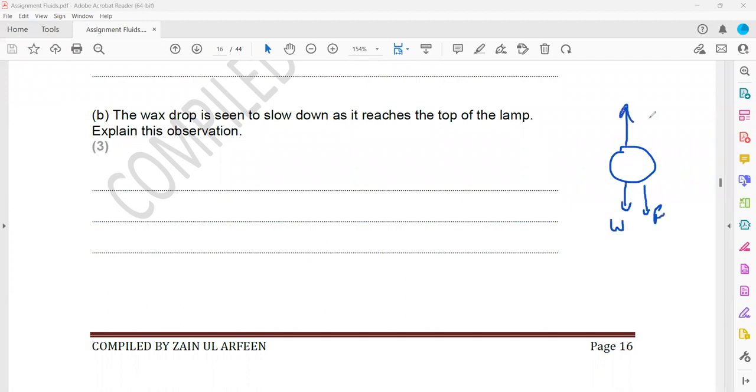Here we have weight, viscous drag and upthrust, where upthrust equals density times volume of the object times gravity. As it is rising, the temperature is high at the base but low at the top. As a result, the volume decreases, so the upthrust decreases. As a result, the resultant force will decrease, so its acceleration will decrease as well.